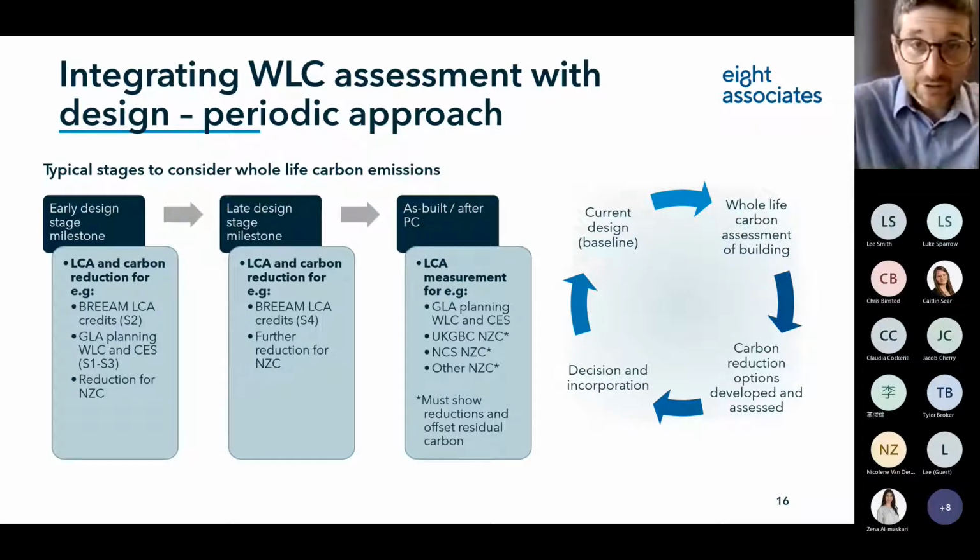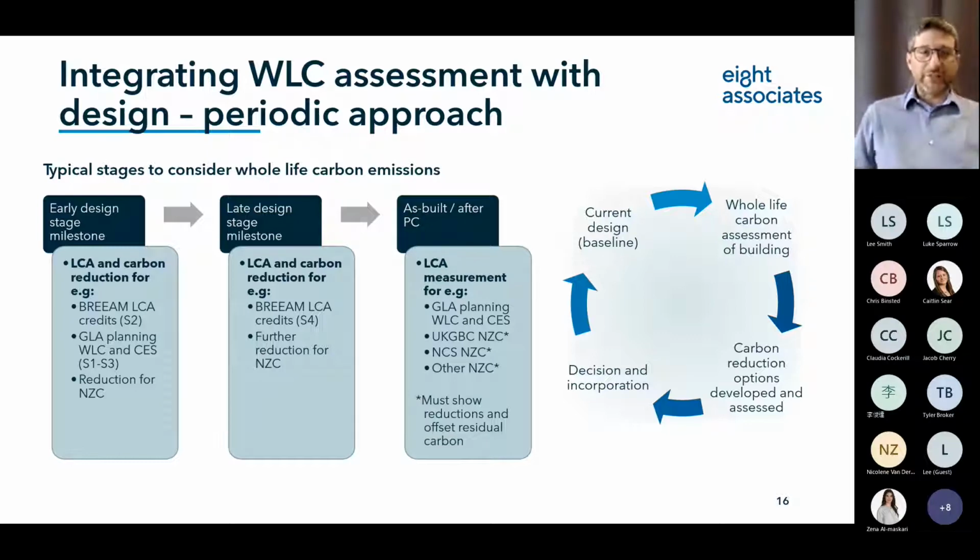And that early stage requirement is recognised in most schemes and initiatives out there. BREEAM, you get the most credits for doing this at stage 2. GLA requires projects to do this kind of activity, whole life carbon and set economy statement at stages. It varies, but stage 1 perhaps, but definitely at stage 2 and stage 3.